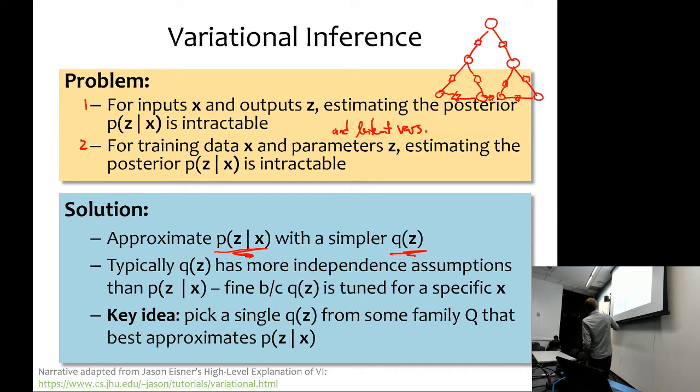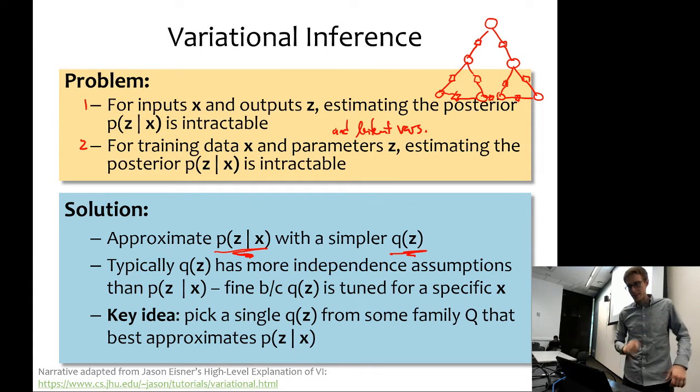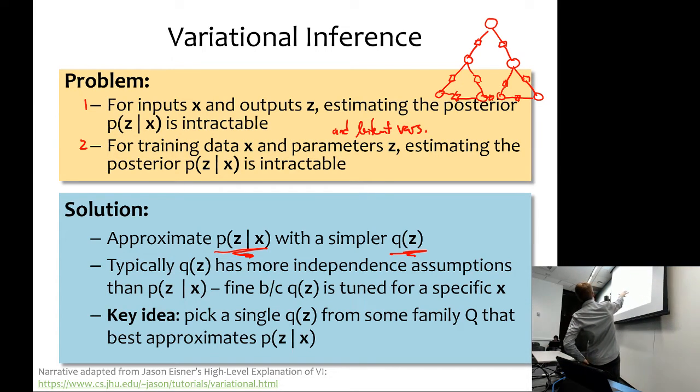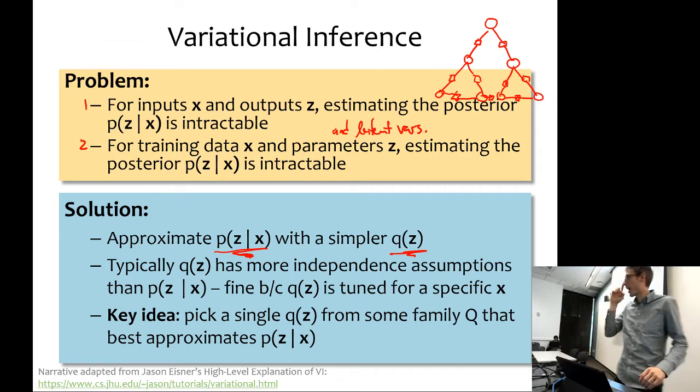Typically, this simpler distribution, Q of z, is going to have more independence assumptions than P of z given x. And that's going to be fine because Q of z is going to be tuned for a specific x.